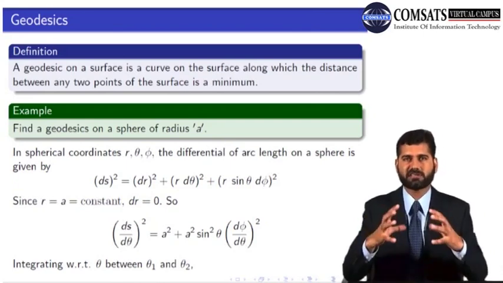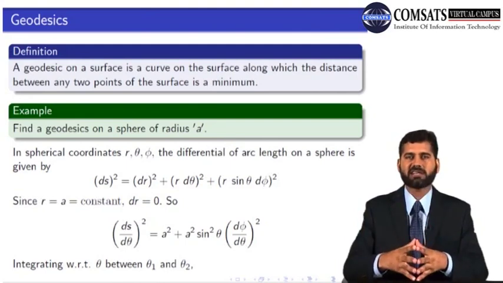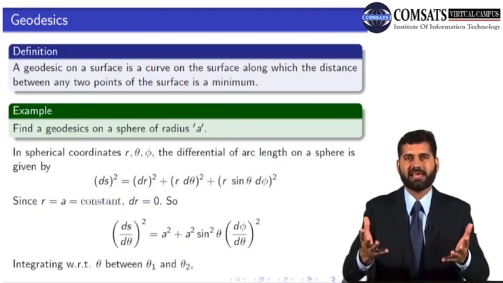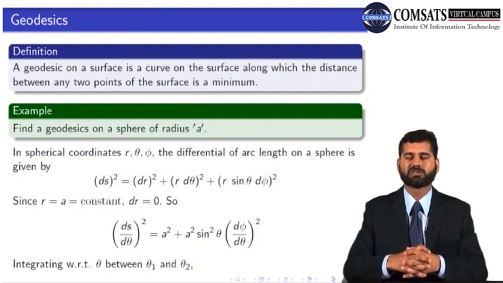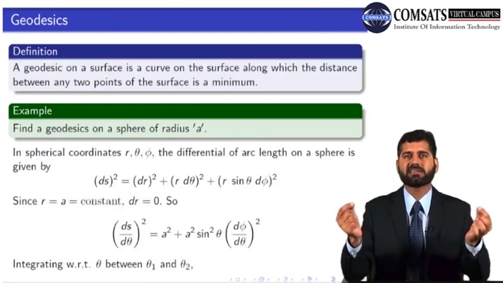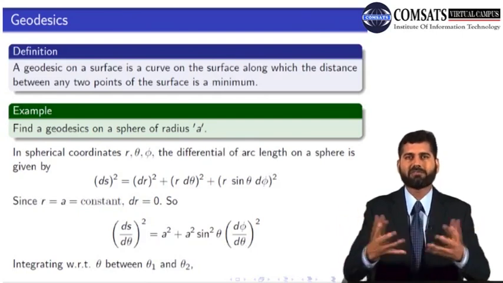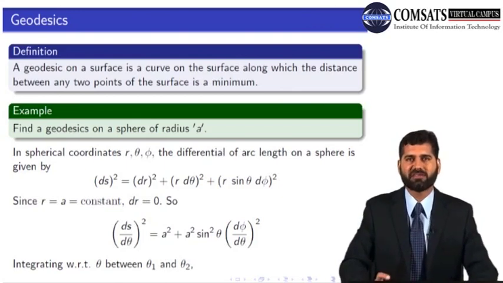So let's see the first example of a sphere. If your surface is a sphere, then find the geodesic. Find a geodesic on a sphere of radius a. Now because a geodesic is a distance between 2 points, we have to write the distance formula on a sphere.